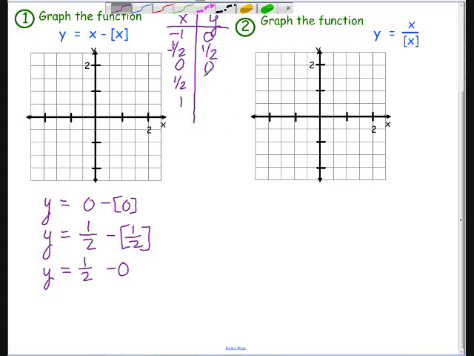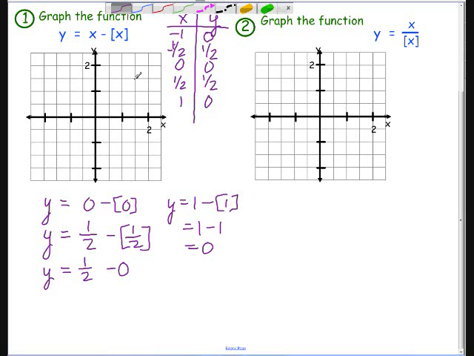So that would be 1/2. Now we'll do y equals 1 minus the greatest integer for 1. I happen to know at this point that that is going to be a positive 1, so y will equal 0.